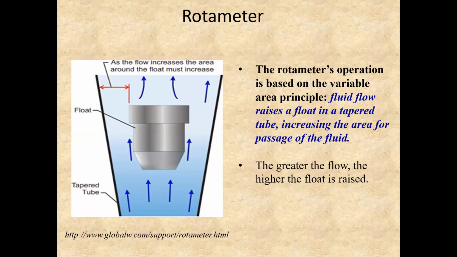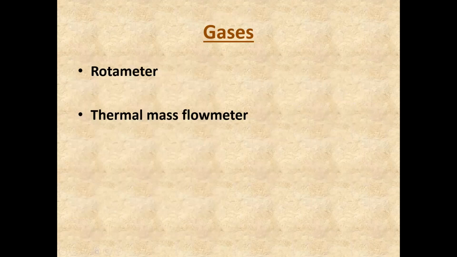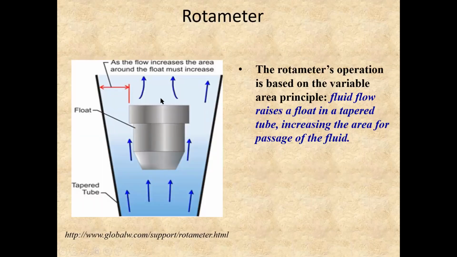Rotameters are available in different sizes, and you must be wondering that if we are studying the flow rate of gases, why I am mentioning in the rotameter that the fluid or gas. It is because rotameters can be used to measure the flow rate of liquids as well, provided that there are no abrasive particles or fibrous matter present in the liquid. So they can be used to measure the flow rate of gases and liquids both.